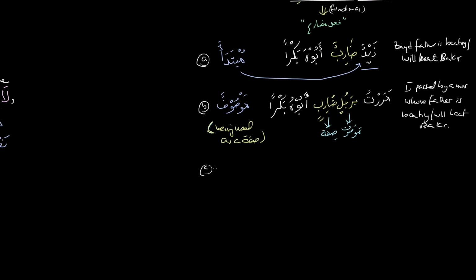Example number C, istifhamun. So it's used as istifham. Adaribun Zaydun Bakran. Daribun. Here again it's going to function as a fa'il mudari.